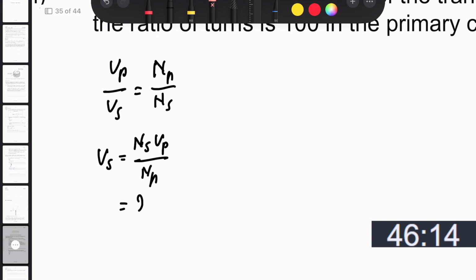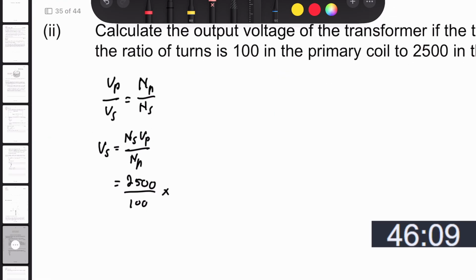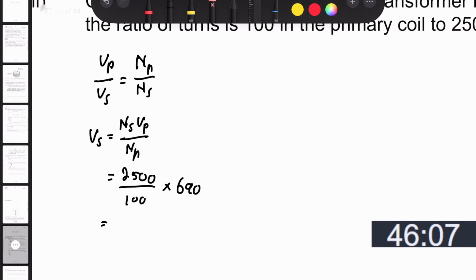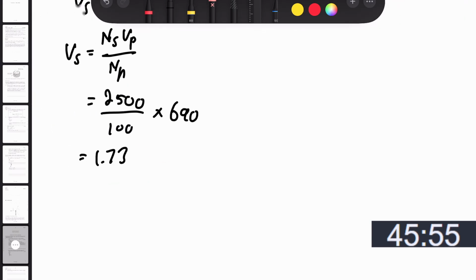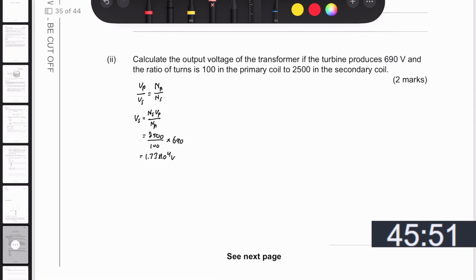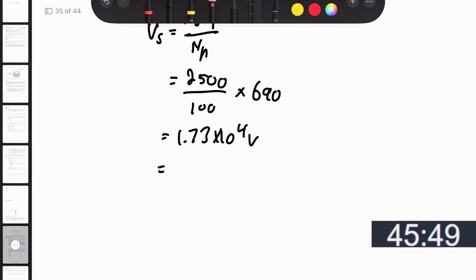So the number in the secondary is 2,500 all over 100 times 690. 2,500 divided by 100 times 690. So 1.73 times 10 to the power of 4 volts, which is going to equal 1.73 times 10 to the power of 1 kilovolts.